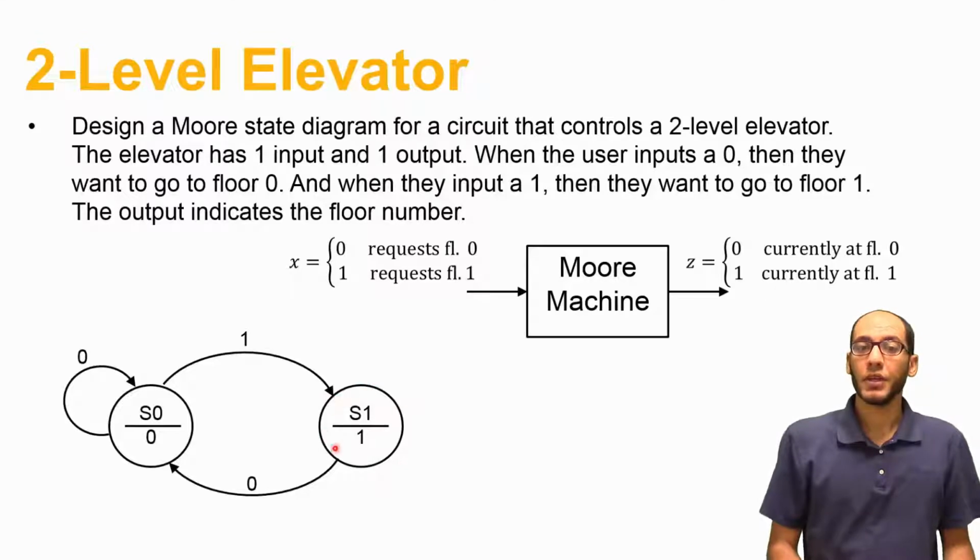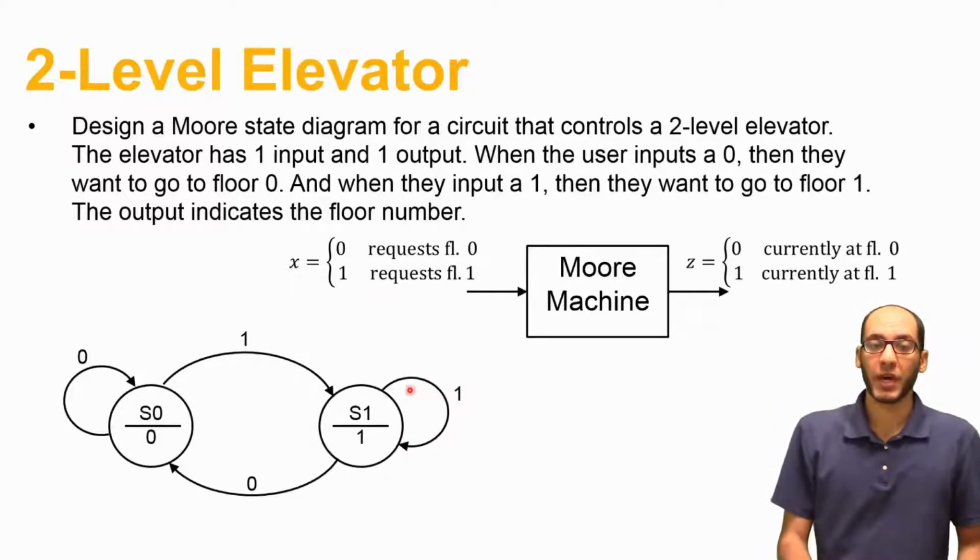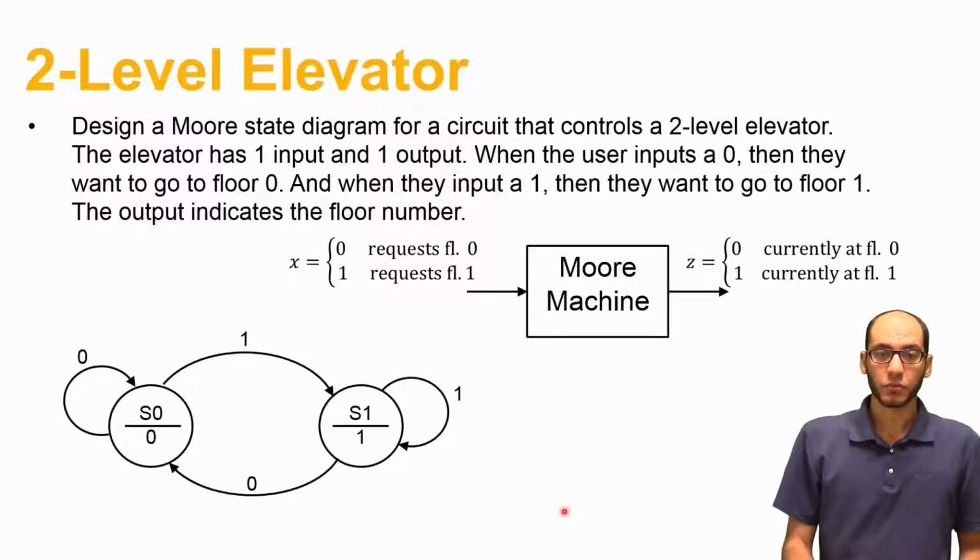The input of 1 represents that we want to be at state S1, we want to remain at that same level, so we do not go anywhere and we loop back at that level. That simple example is a two-level elevator.